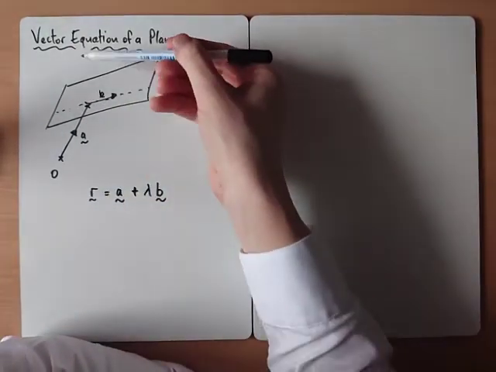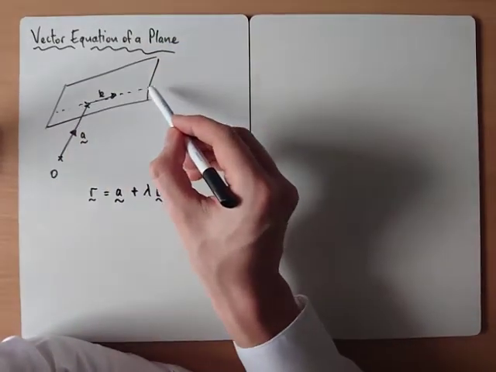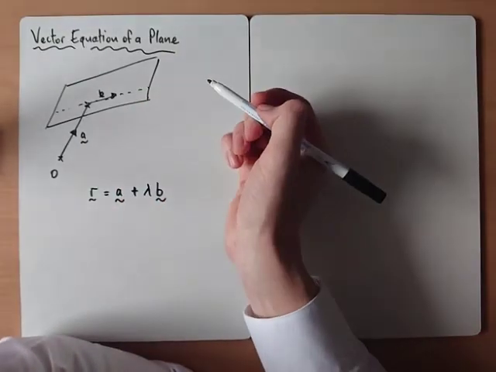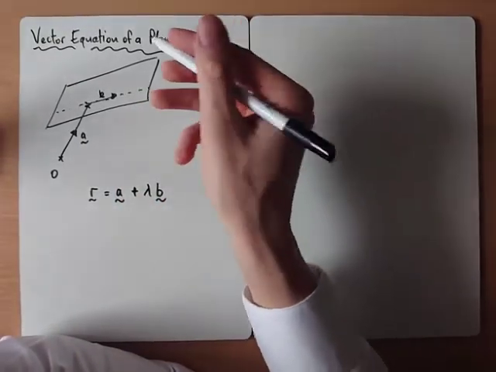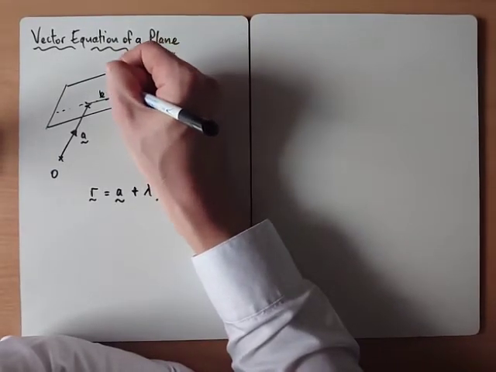But because we're trying to describe a surface that doesn't just have one vector that lies within it, we need more than this. Okay? And what we could also include is another vector c.